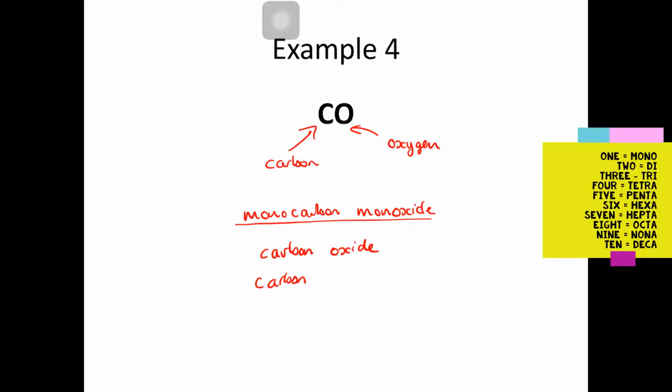Generally though, this one is called carbon monoxide, so they actually leave the prefix mono at the beginning of the oxygen here. I've got to be honest, I would accept all 3 of these answers in the exam. We don't technically need to mention that it's mono. The fact that you've written oxide indicates that there's at least 1 present. But we would generally call this carbon monoxide, and that's really got to do with what word people use in day-to-day life. People call it carbon monoxide.